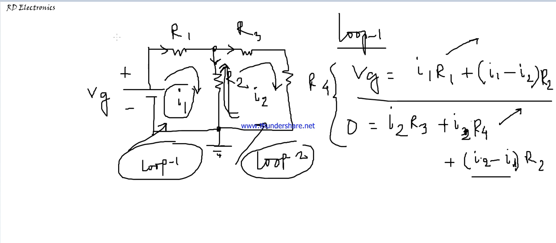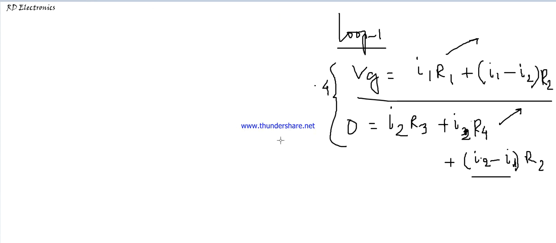So now the analysis of these equations. I write the equations again, separating current I1 and I2. What are the parameters associated with I1? R1 plus R2. And what are the parameters associated with I2?